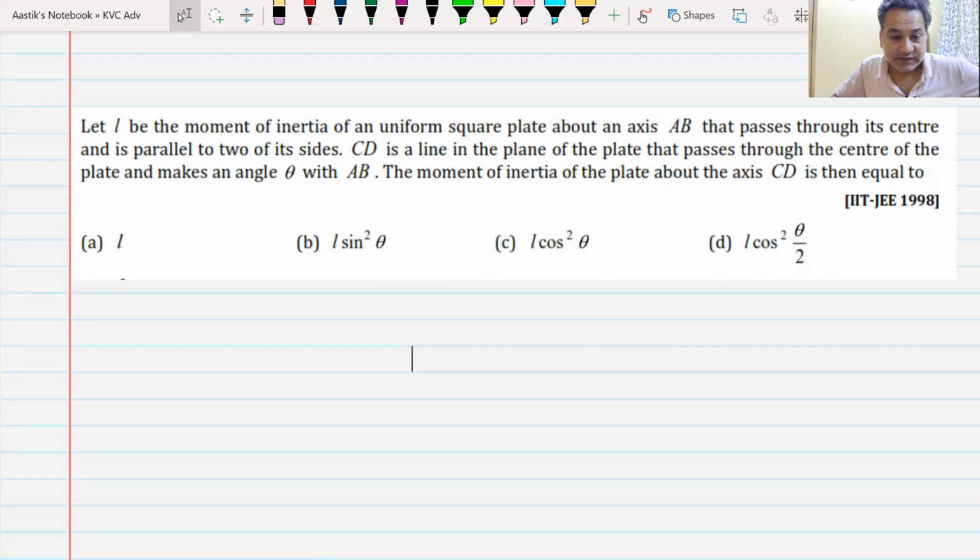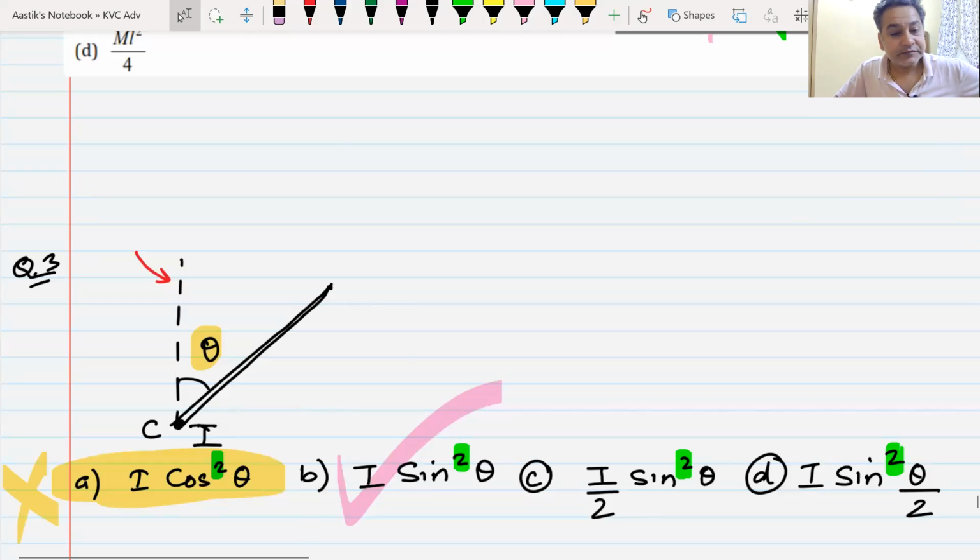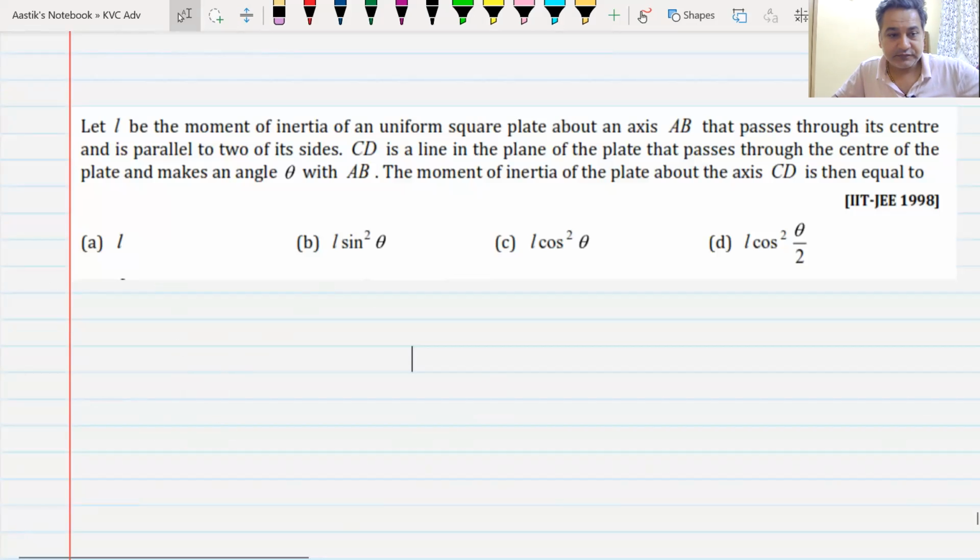Remember the last question that we did? This one. I had made an axis at an angle theta. And now this is a plate which has an axis which is inclined at an angle theta.